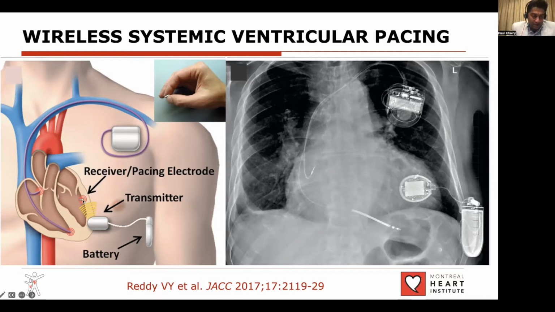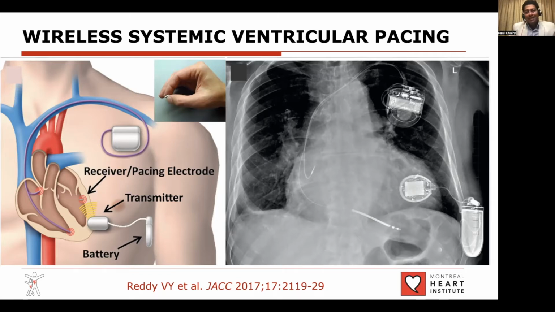And this is combined with a subcutaneous battery and transmitter that are capable of sensing impulses that come from pacing of the right ventricle to then synchronize the left ventricle by sending ultrasound pulses to this receiver that then converts that ultrasound energy into electrical energy to pace the systemic ventricle.